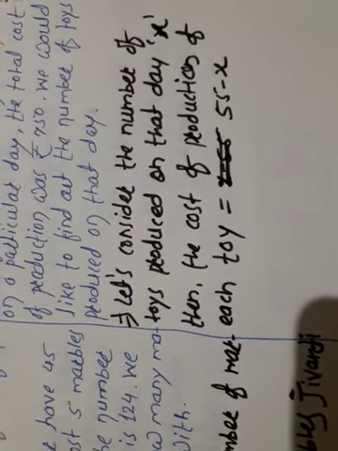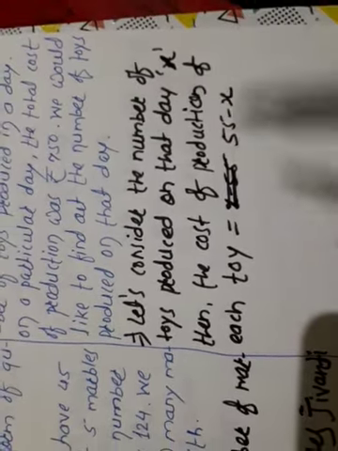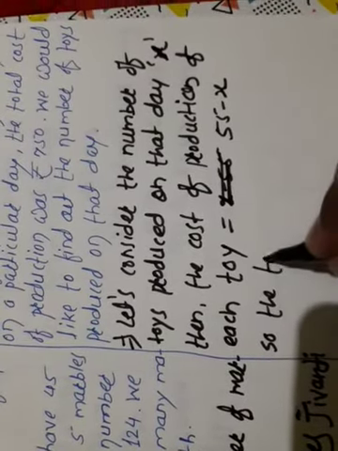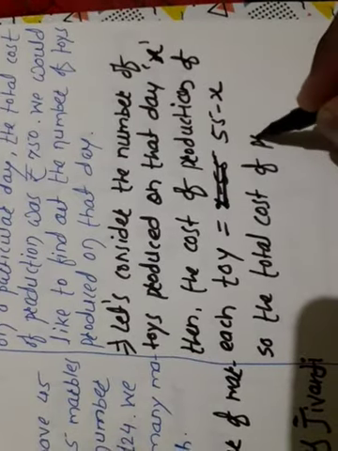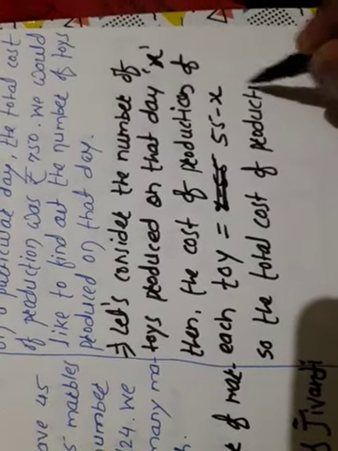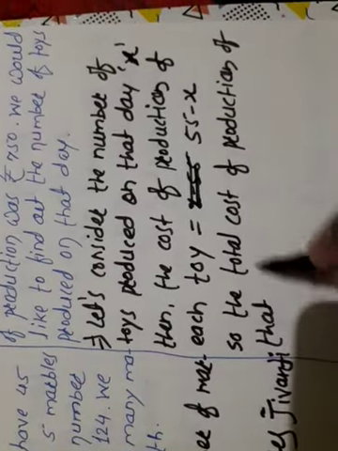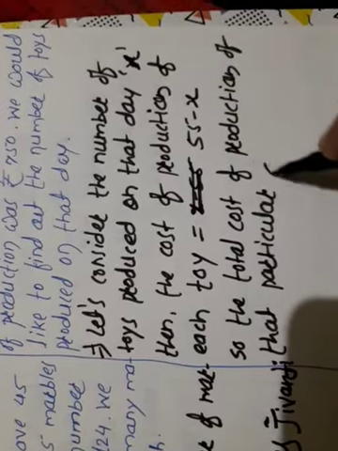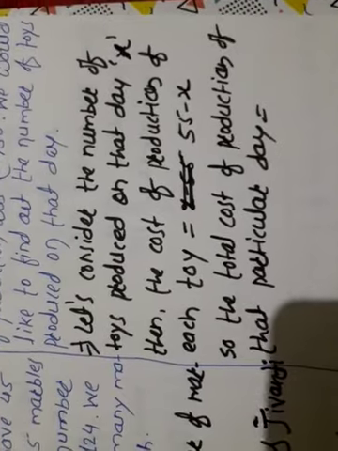So the total cost of production of that particular day, by using this we can find out now. It means x into 55 minus x.